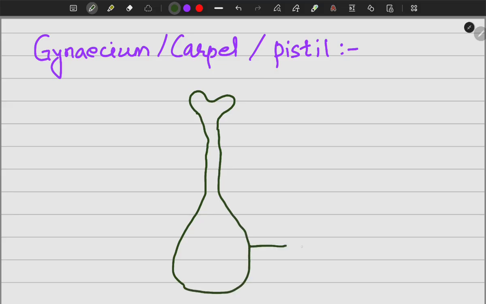The swollen base portion is called ovary. The upper part, which is usually sticky, is called stigma, and the long slender part which connects the stigma to the ovary is called a style.